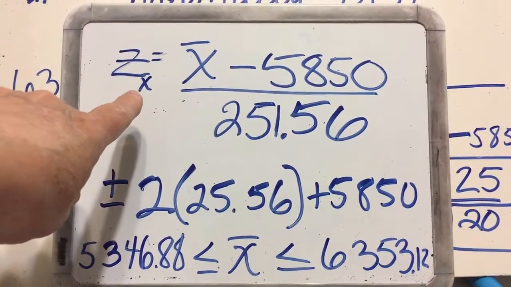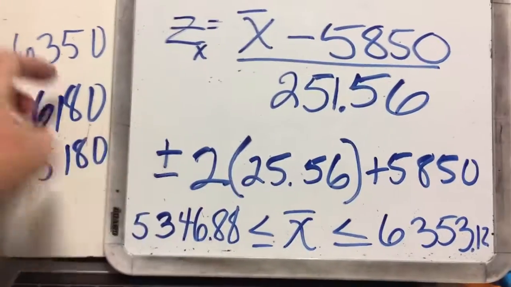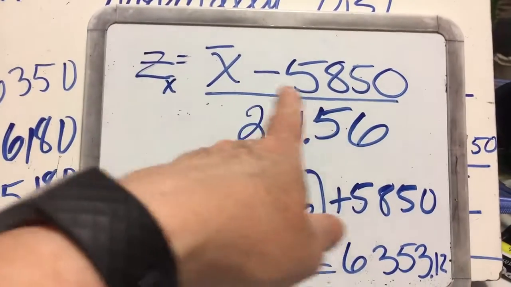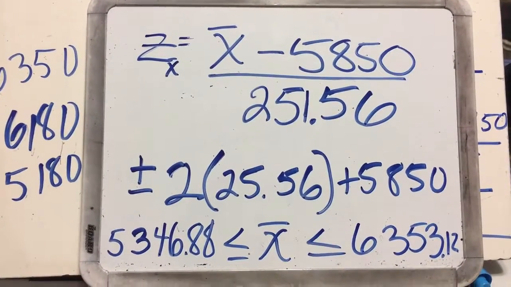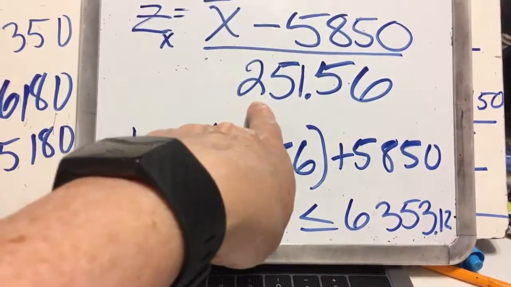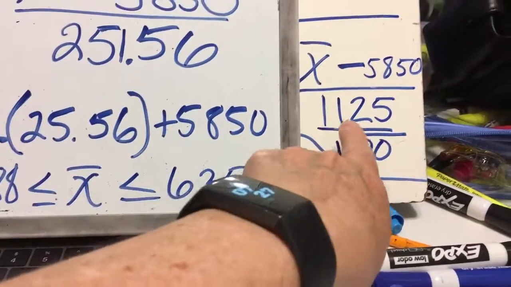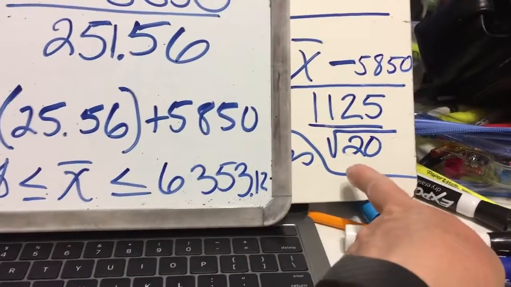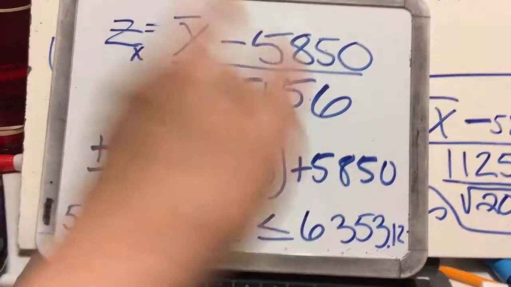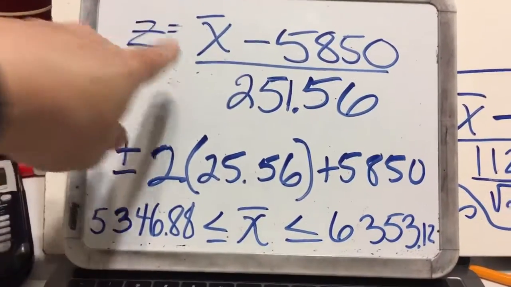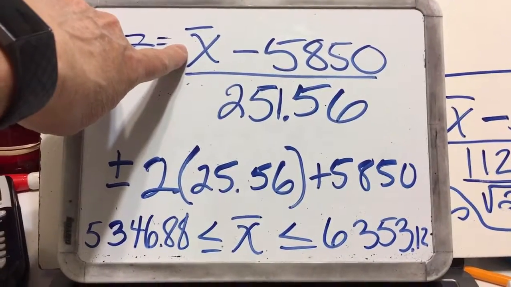Z of x bar is going to be x bar, which is one of my 3 values over here, minus the 5,850, which was the population mean, divided by, now I've already gone ahead and done the math, the 1,125 divided by the square root of 20. When you do that math, you get 251.56. So I've already done a little bit of the work here. Now I'm trying to solve for what my x bar is going to be.